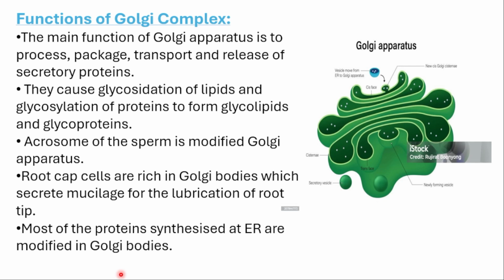If something does not have any kind of information, does not have the modifications, does not have proper packaging, the cell cytoplasm or other organelles think that it is foreign material which is not needed by the cell, so they are going to try to destroy it. That's why packaging is necessary.